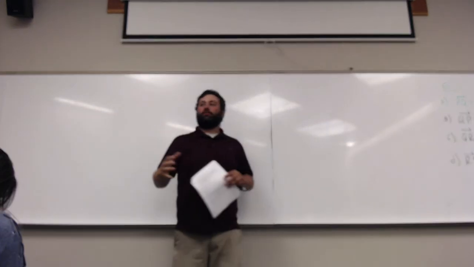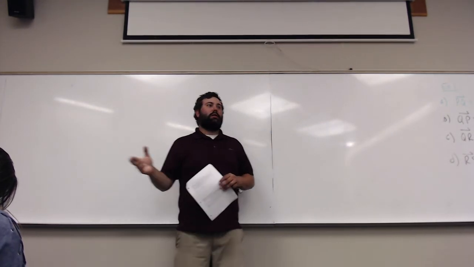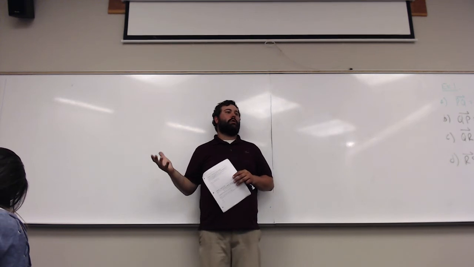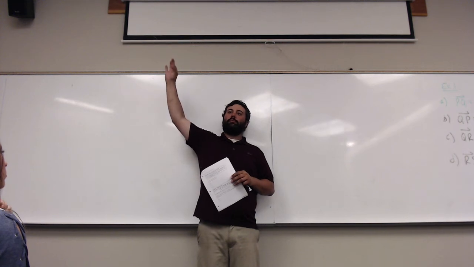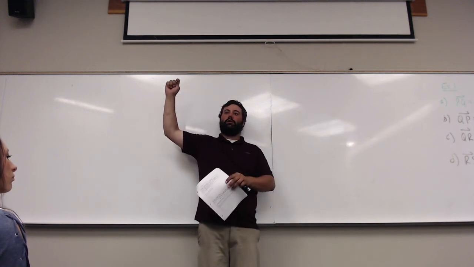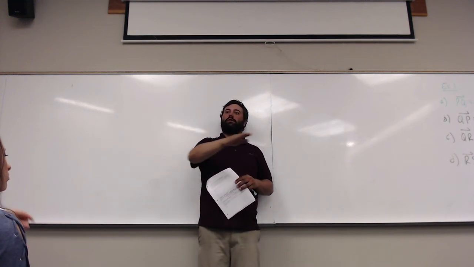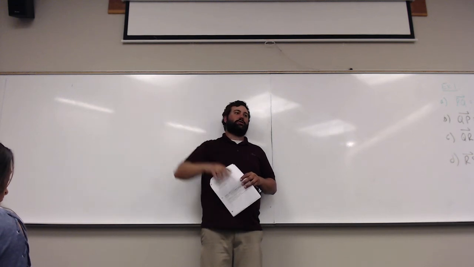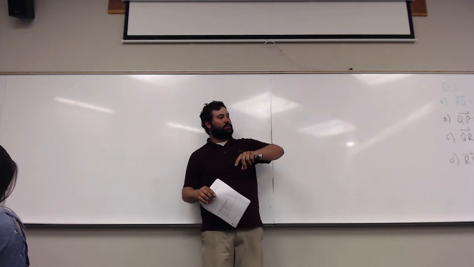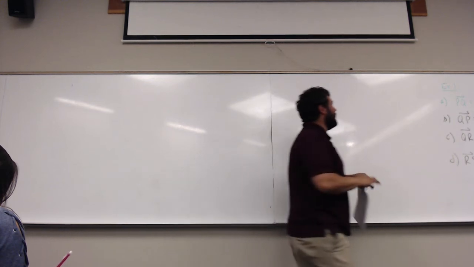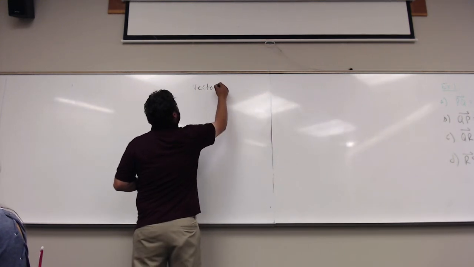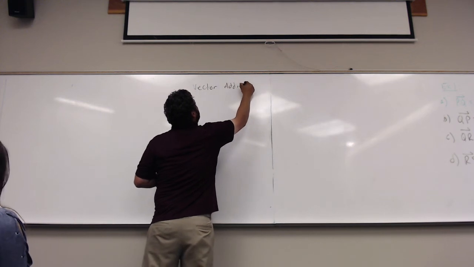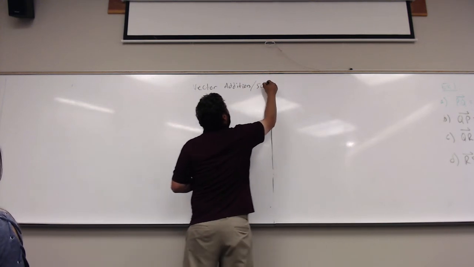One is just by drawing a picture. Later on, we're going to talk about components of vectors. They're kind of like coordinates: points in the plane have an x coordinate and a y coordinate, and vectors have a horizontal direction and a vertical direction to get from the starting point to the finish point. Before we talk about components, though, I just want to talk about vector addition and subtraction pictorially.